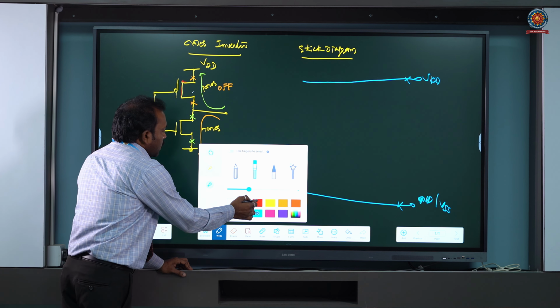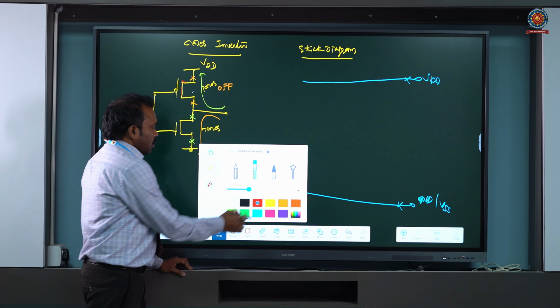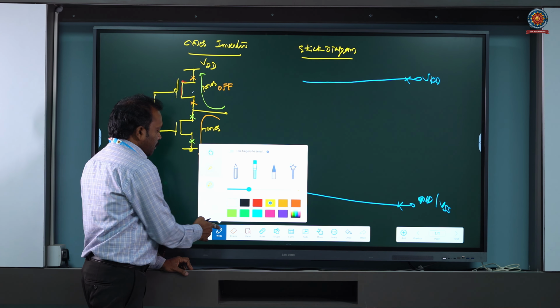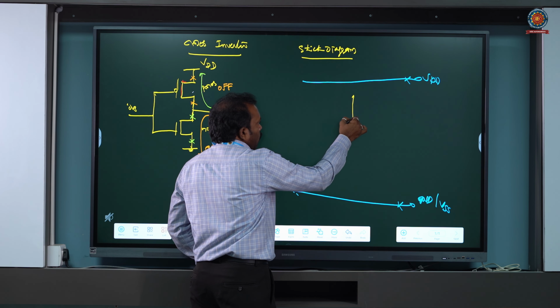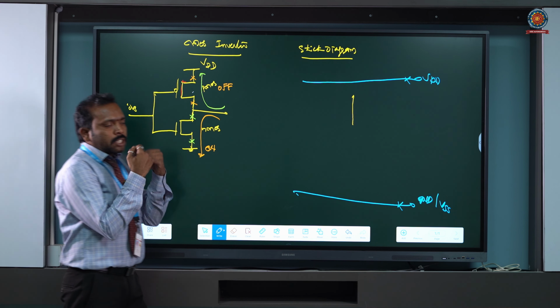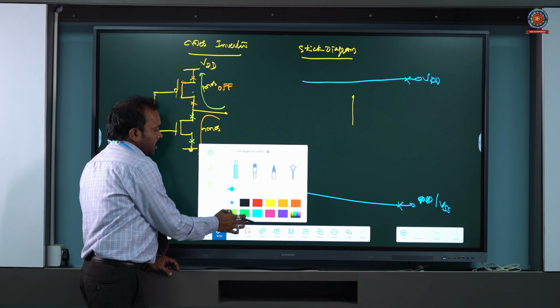I'm taking yellow, which represents your P diffusion. I'm taking a yellow line, over which I need to draw a red color.